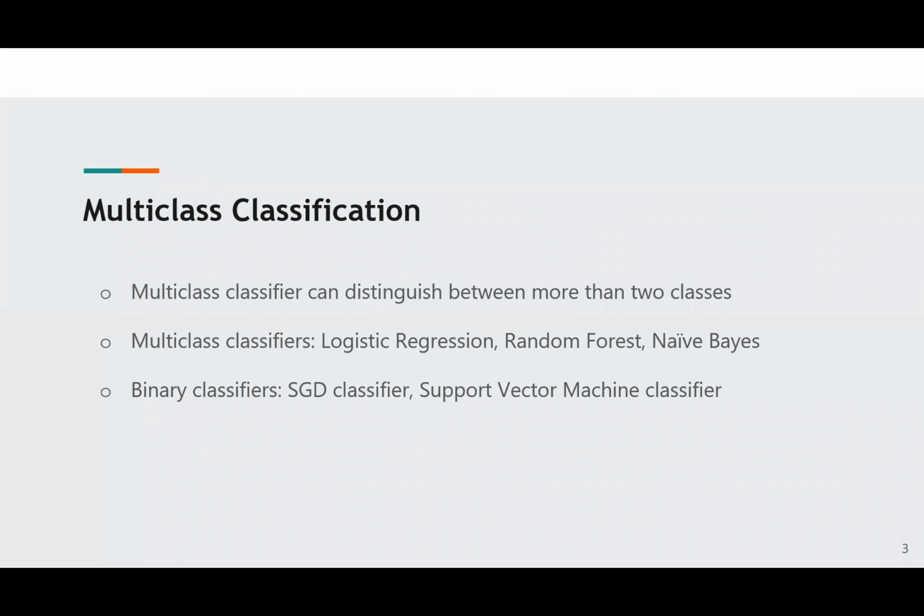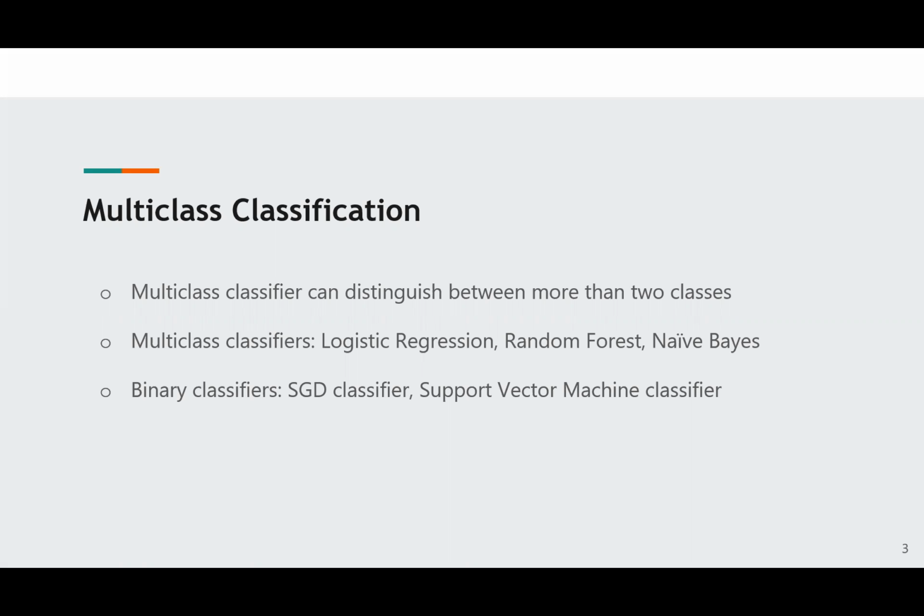So you have 10 different classes. You could leverage logistic regression, random forest, or naive Bayes for a multi-class classifier. We're going to study linear regression and logistic regression in the next section, and we're also going to study random forest in a couple of weeks.